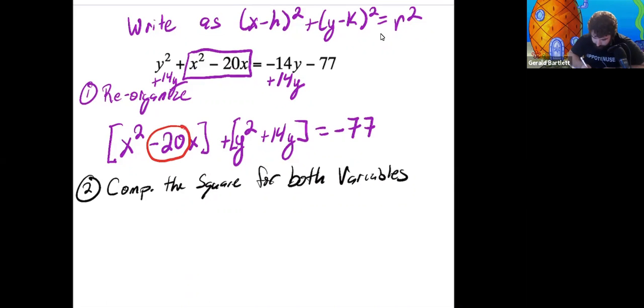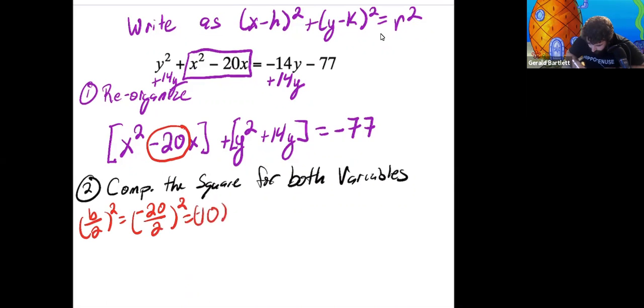B divided by 2 squared is negative 20 divided by 2 squared, which is negative 10 being squared, which is 100.